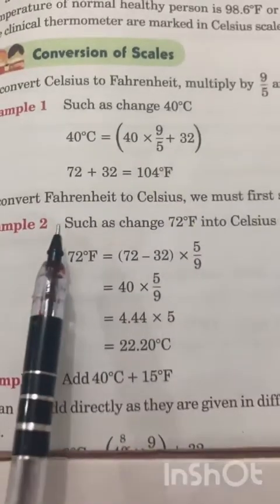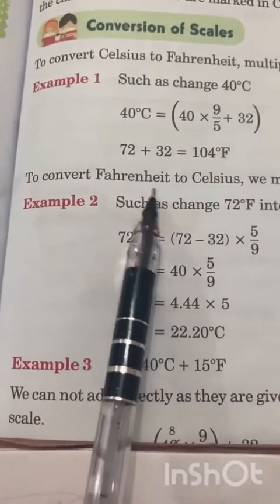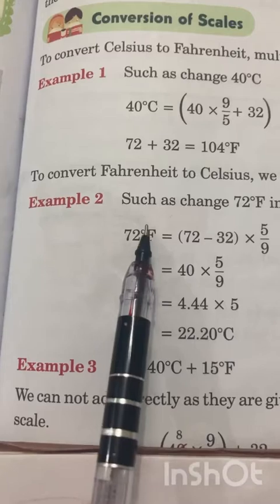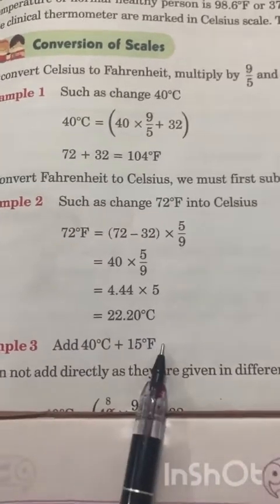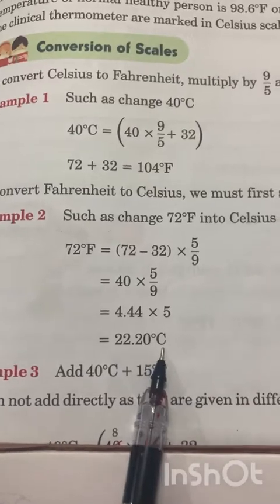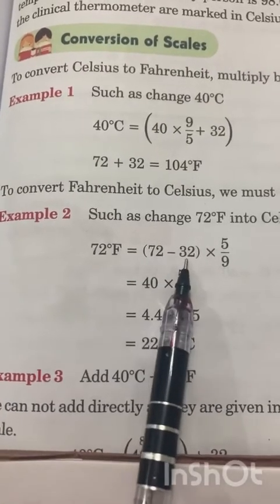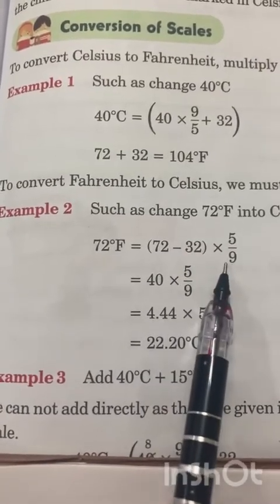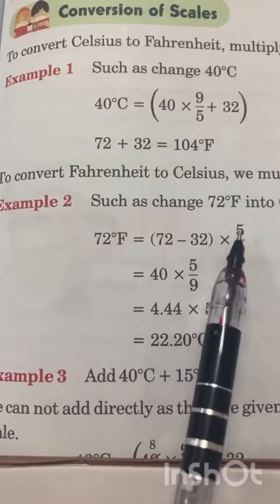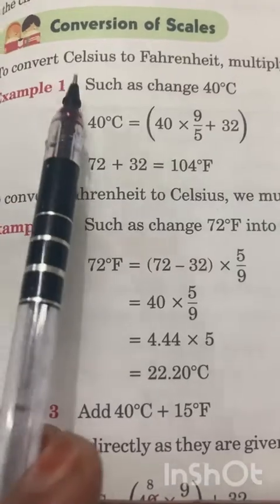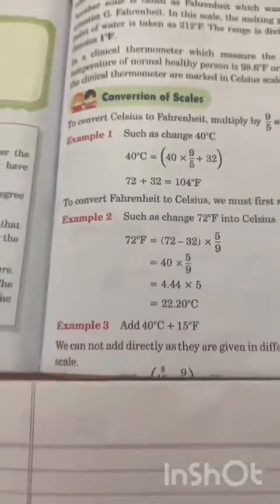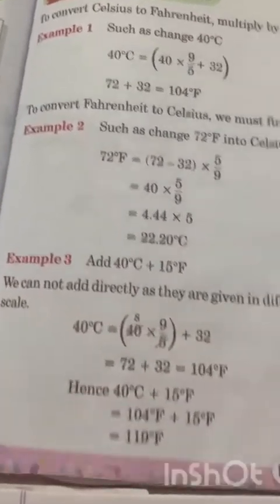But to convert Fahrenheit to Celsius, we must subtract 32 first, then multiply by 5/9. This is the way to convert Celsius to Fahrenheit and Fahrenheit to Celsius.